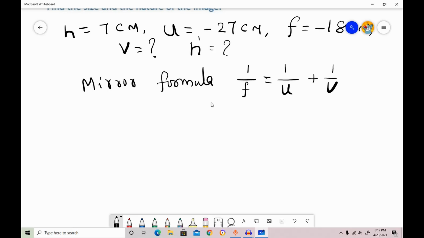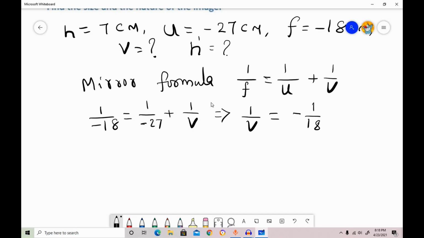So now substitute the values. 1 divided by minus 18 equals 1 divided by minus 27 plus 1 divided by v. Just rewrite this equation. It becomes minus 1 by 18. This minus goes to that side and becomes a positive 1 by 27.